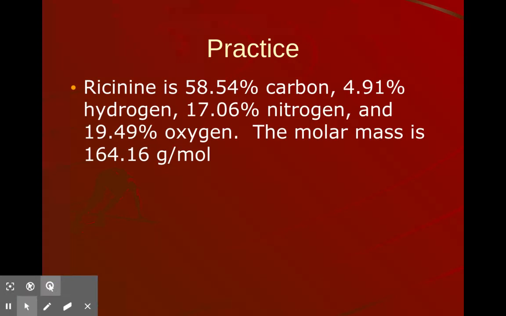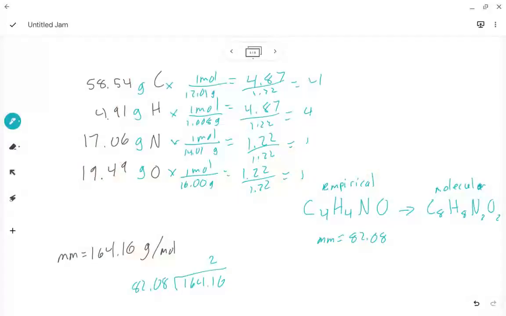All right, so let's check and see how you did. You convert your grams into moles. You divide by the smallest number of moles, and you come up with a 4 to 4 to 1 to 1 ratio, which gives you an empirical formula of C4H4NO.